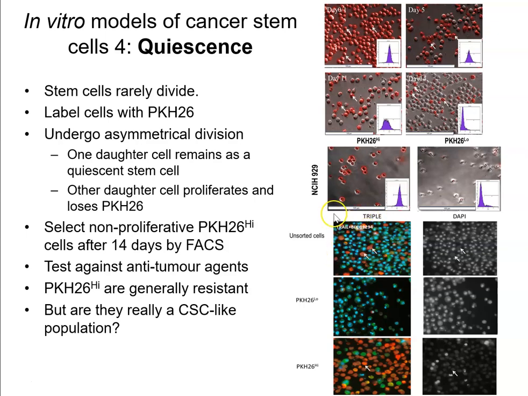It doesn't really matter what the drug combination is, but what you can see is these cells, they stain red because these are the unsorted cells. Red is PKH26, green is caspase 3, so apoptosis, and the blue is Hoechst 33342, which we're using for nuclear morphology, and the condensed bright cells are apoptotic.